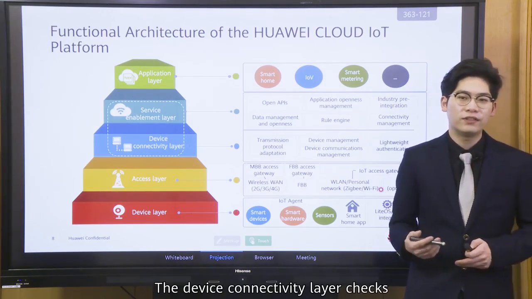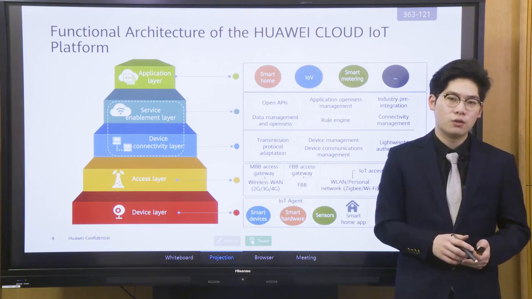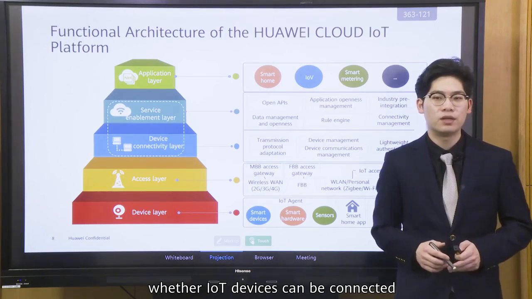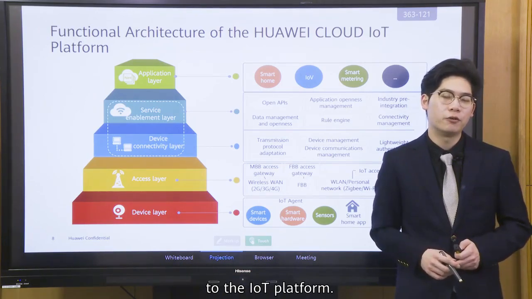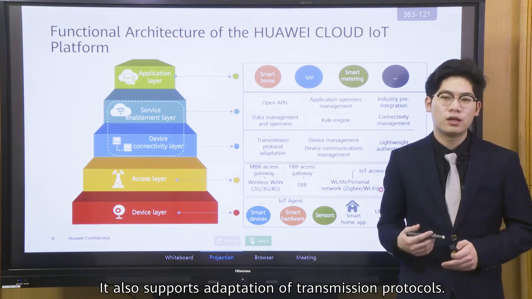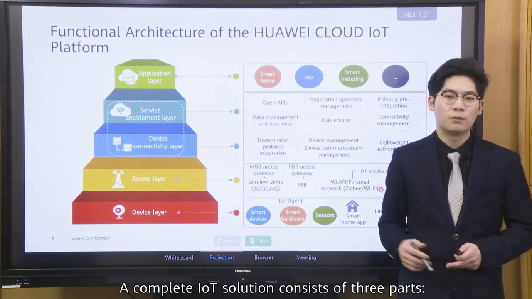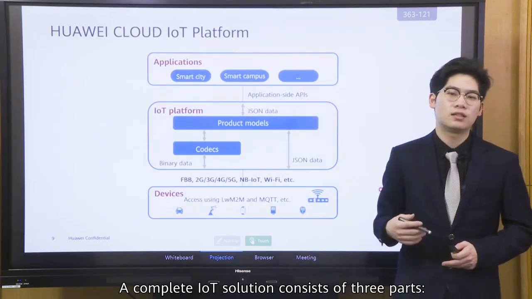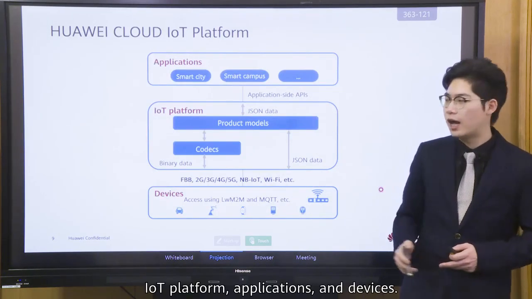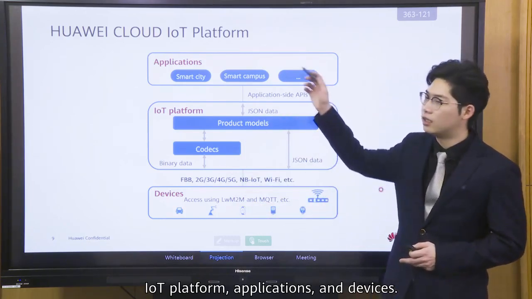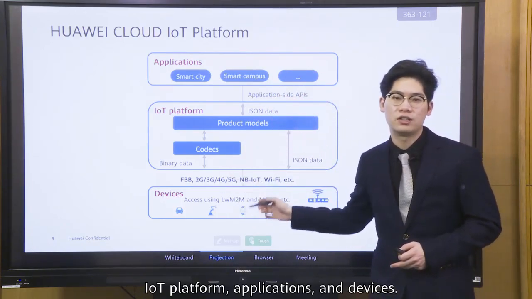The device connectivity layer checks whether IoT devices can be connected to the IoT platform. It also supports adaptation of transmission protocols. A complete IoT solution consists of 3 parts: IoT platform, applications, and devices.